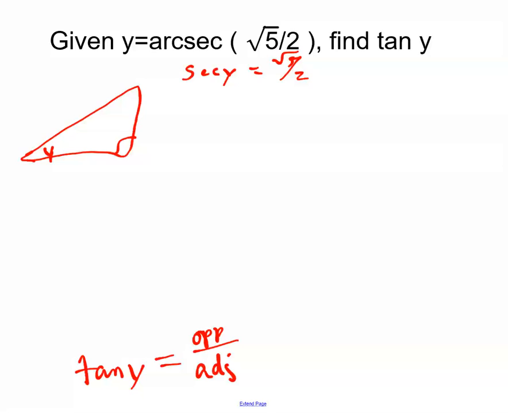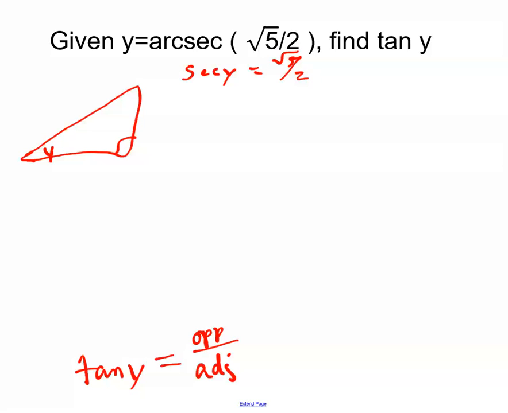Now, I was given that y is equal to the arcsecant of square root of 5 over 2, but I was able to decide that that meant that the secant of y is equal to the square root of 5 over 2. That can be quite helpful because, thinking back to pre-calculus, secant is the reciprocal of cosine.